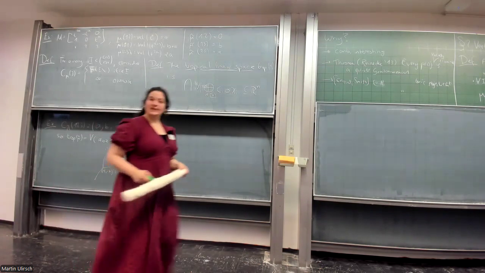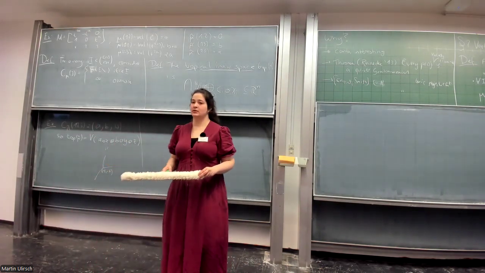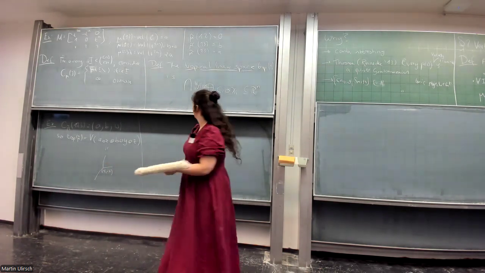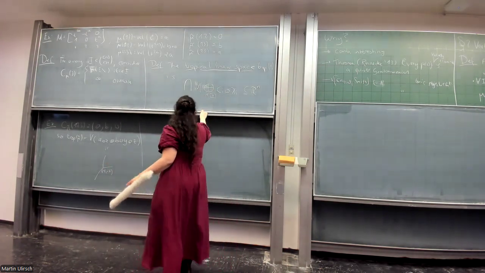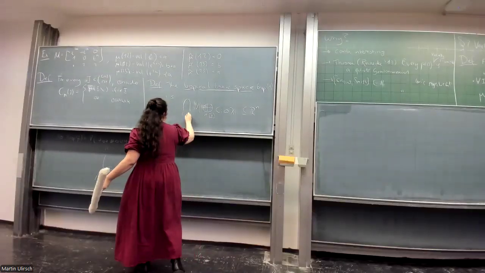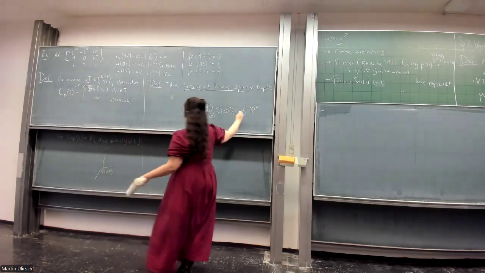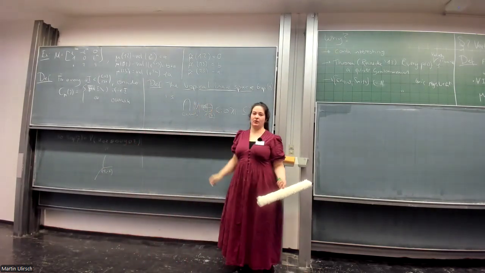Good. Yes. The intersection is a set-theoretical intersection. Oh, this is over all the circuits. Every circuit defines such a function, and you take the intersection over all the circuits.